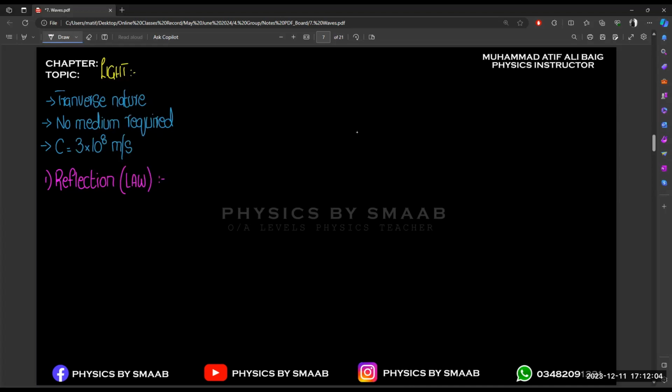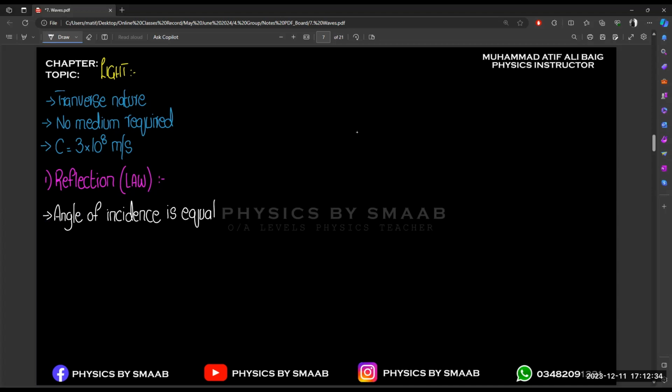So there are two basic postulates for law of reflection. The first one is that the angle of incidence will be equal to the angle of reflection. And we all know how to measure the angle of incidence and reflection.